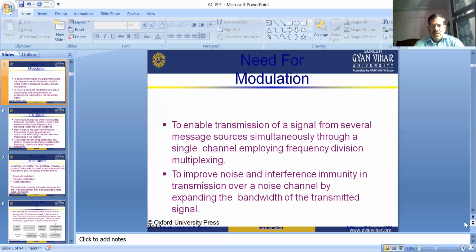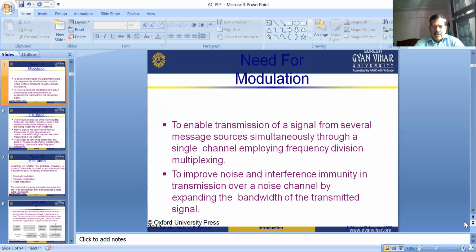The role of noise and interference is not beneficial in a communication system. Now we try to improve the noise and interference immunity in the communication or transmission system over a noisy channel by expanding the bandwidth of the transmitted signal.